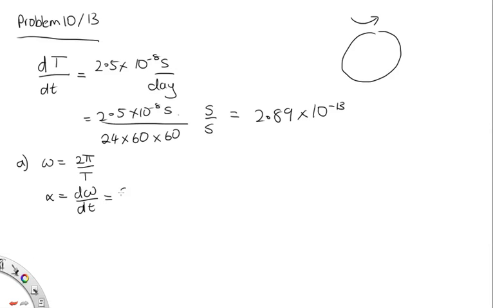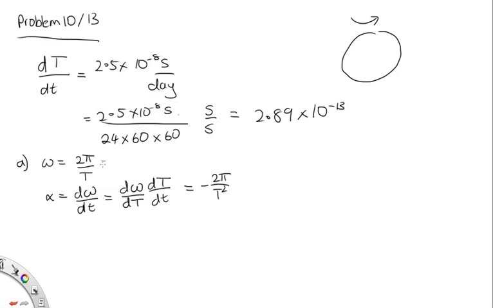So we can use the chain rule. This is d omega dT, where T is the period, times dT dt, where t is an increment of time. Taking the derivative, we get minus 2 pi over T squared.